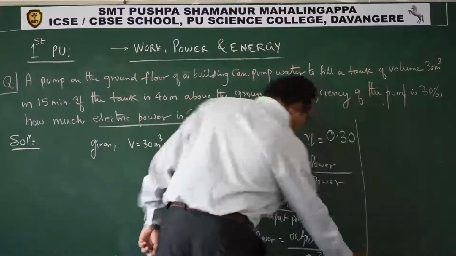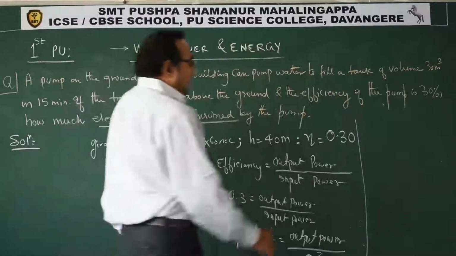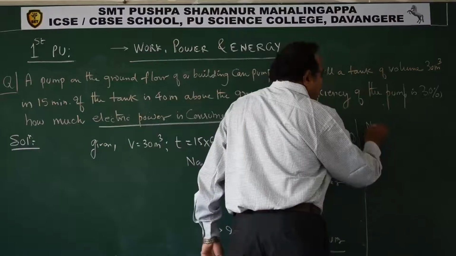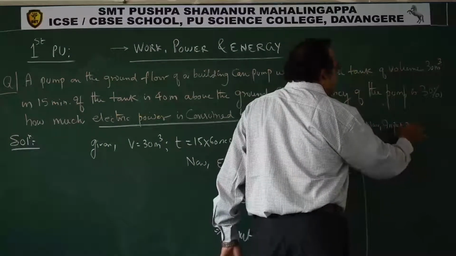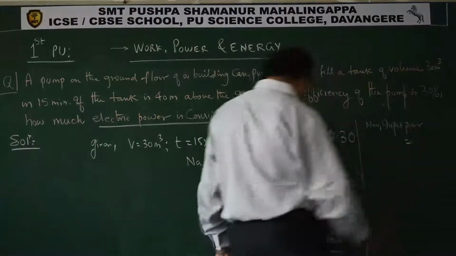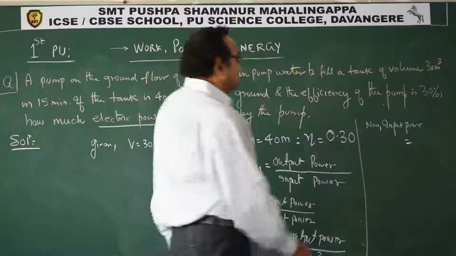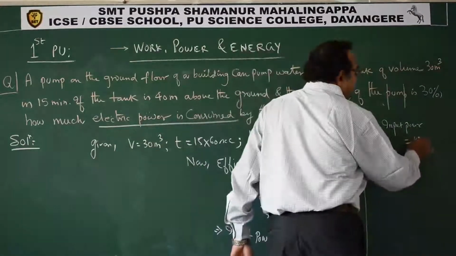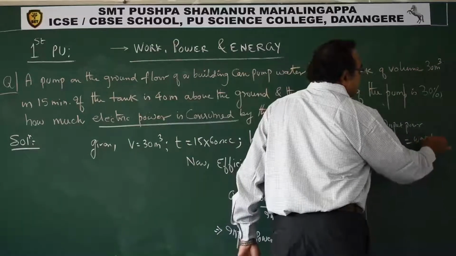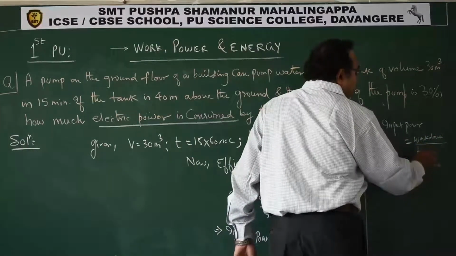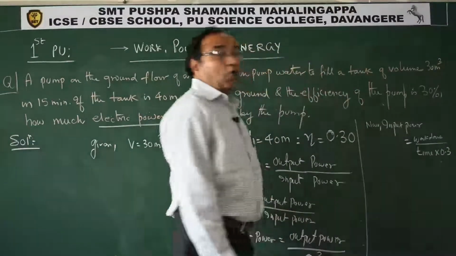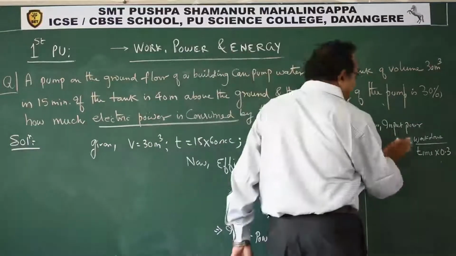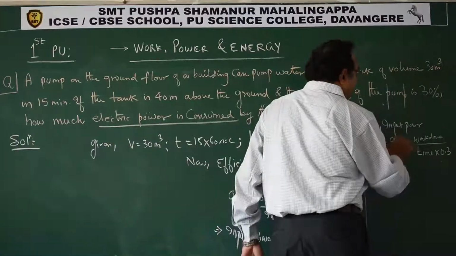Now input power, this will be what? Output power, that means output work done by time into 0.3.